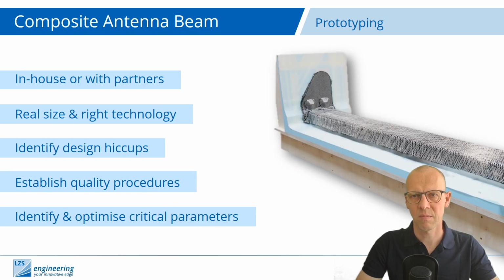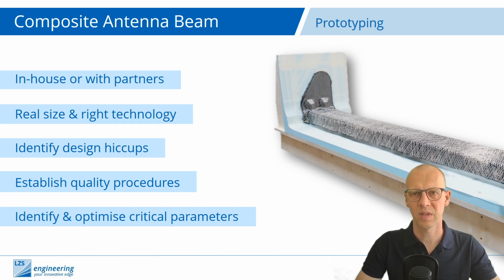In the end, we did some prototyping here, which is fitting quite well to the planned serial number. We used vacuum infusion technologies. Here we are quite free. We can do it in-house, or we are using one of our partners from the network.